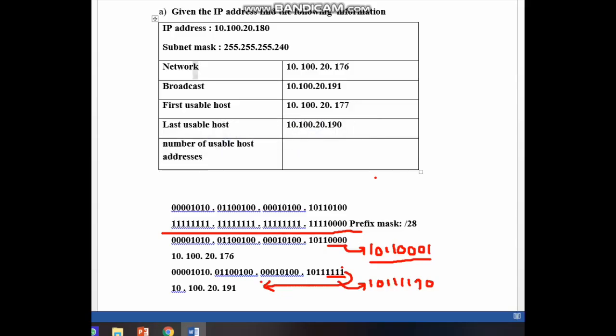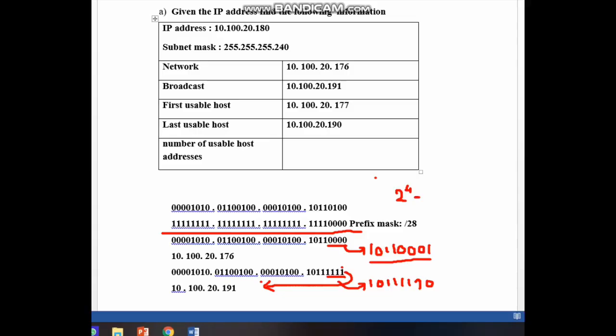Right? So if we're done with that, what we can look into now is how many hosts we can accommodate using this network address, right? So if you think about it, the network address and the broadcast address, we cannot assign these to any particular devices, right? But everything that's between the network address and the broadcast address, we can give to any host. So we had 4 host bits, so it can have a combination of 2 to the power 4, right?